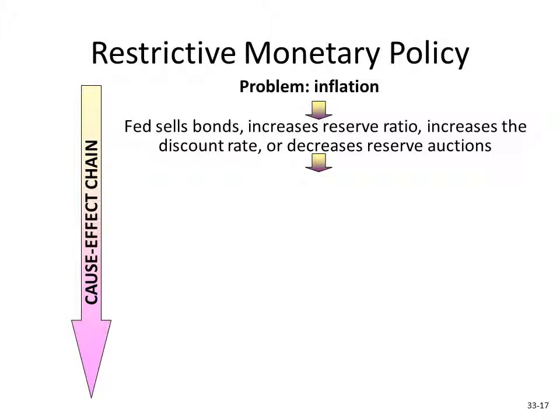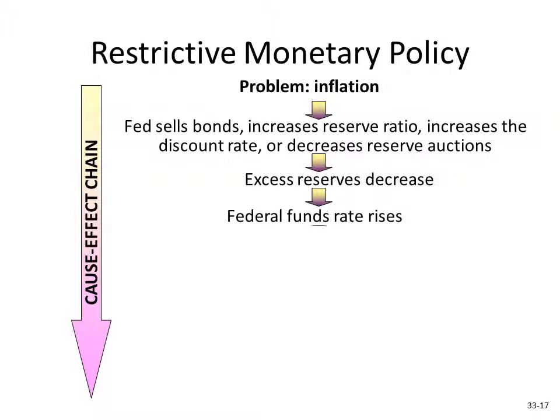The Fed could increase the reserve ratio, they could increase the discount rate, or they could decrease the amount of term auctions available. All four of these actions would have the same effect on reserves. There would be a decrease in excess reserves, which would then in turn bring up the Fed funds rate. So here the Fed funds rate rises.